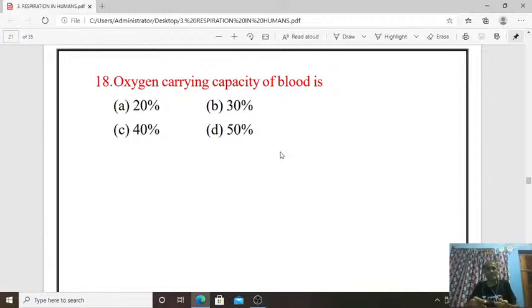If you take 100 ml of blood, and it has 12 to 14% of hemoglobin, then it will carry about 20% of oxygen. This is the common statement in the medical field, under medical statistics and laboratory study. So oxygen carrying capacity of blood is 20%.